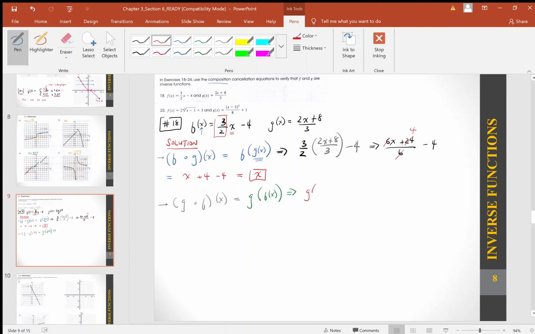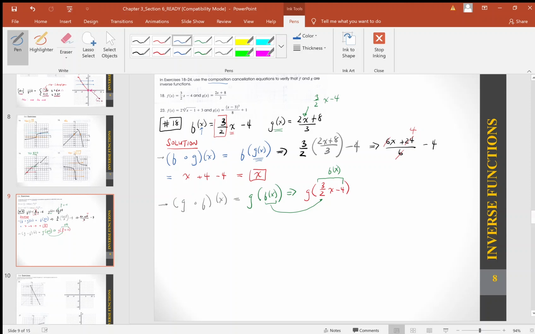All I'm saying is I'm putting this g into 3 over 2 x minus 4, because this whole thing right here is f of x, right? So wherever I see x in my g of x, I'm going to put in 3 over 2 x minus 4. That's all I'm doing.